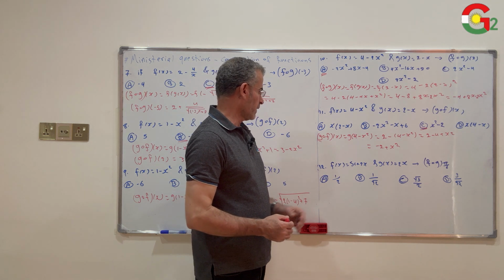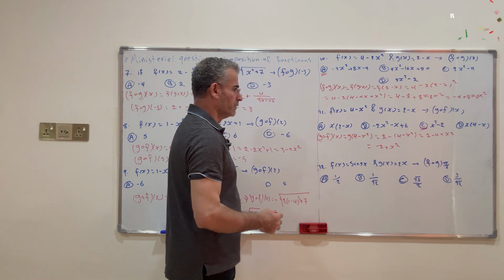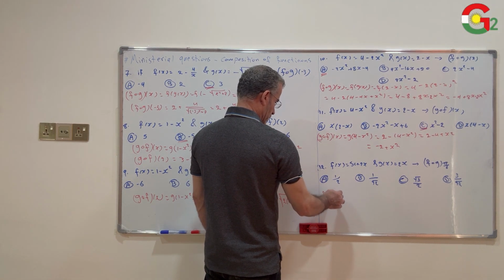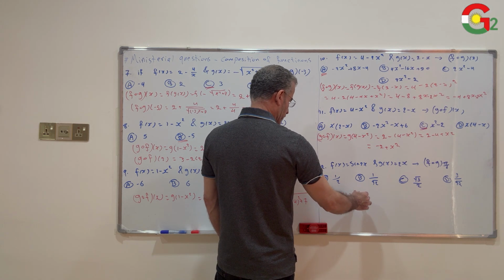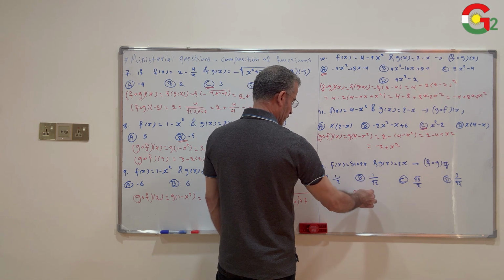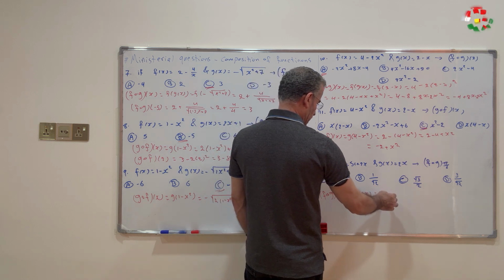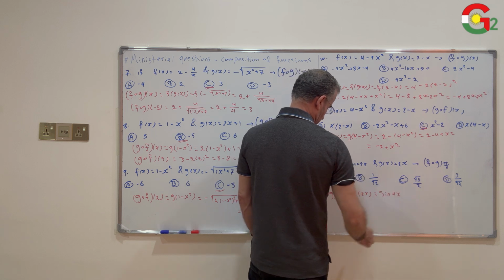Number 12, f of x equals sine 2x, g of x equals 2x, find f of g of 5 pi over 6. f of g of x equals f of 2x, which is sine of 2 times 2x, which is sine 4x.